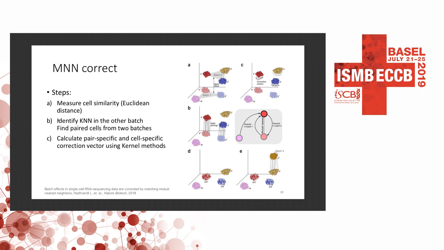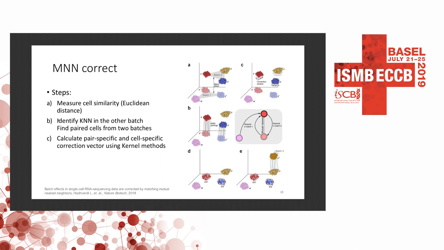Then I have some confidence that these should be similar cells, and they are just different because of batches. But if this cell has a nearest neighbor in batch 1 that is very different from itself, then maybe this is some cell that is not represented in the other batch.